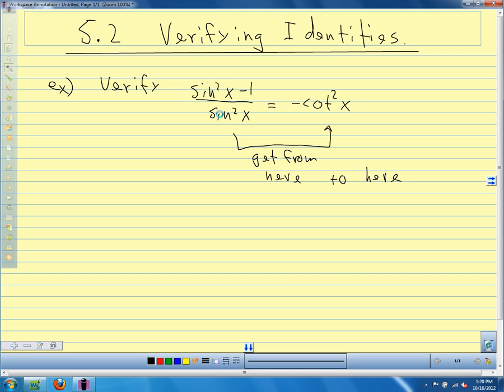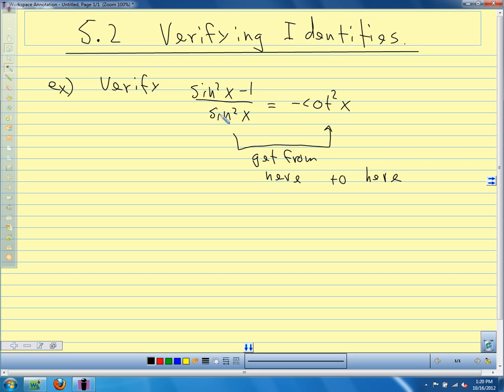They say as a last resort, convert everything to sines and cosines. I often do that not as a last resort, but as a useful tool where we can rewrite everything in terms of sine and cosine. That's another way that we can go about verifying identities. And the last guideline is always try something. If you try something, that might give you a hint as to how you want to do this.